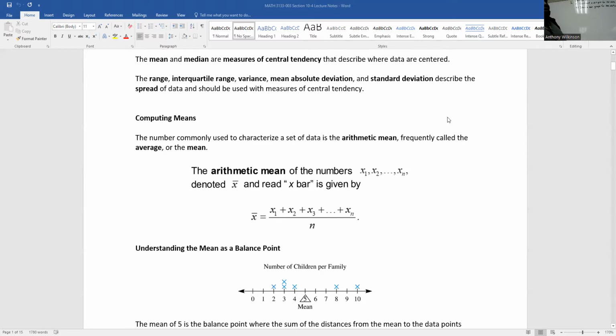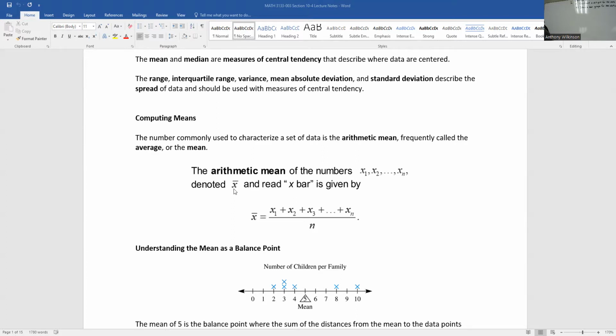All right, so here we're going to start by computing the mean. We use the phrase arithmetic mean, which is also called the average or the mean of a data set. To find the arithmetic mean of numbers from x1 all the way to xn, we denote the arithmetic mean by using this notation, x bar.